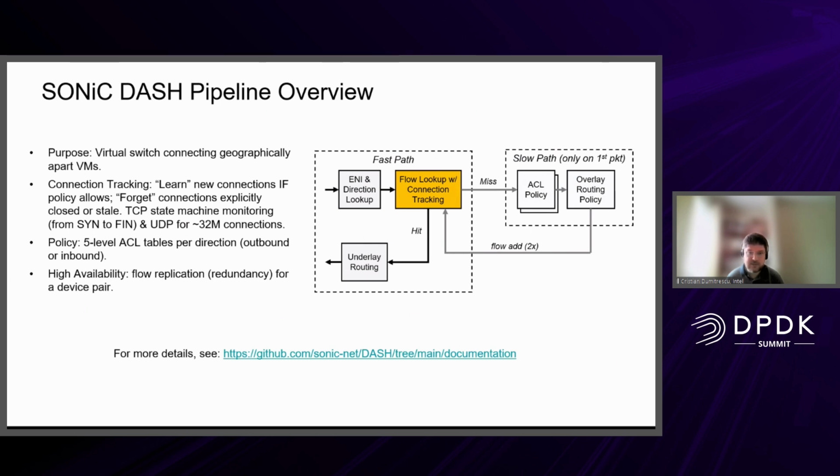And now, obviously, there are some other blocks involved, like billing. We do have counters. We have overlay routing. We have underlay routing. The overlay routing lookup is done just for the first packet, and basically we store that result in the flow table lookup, right?